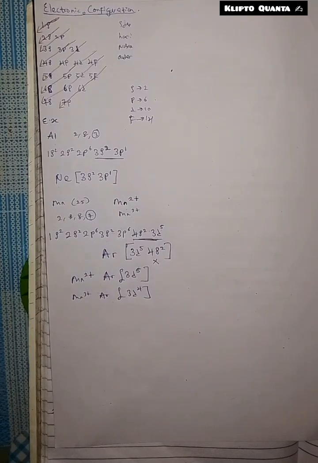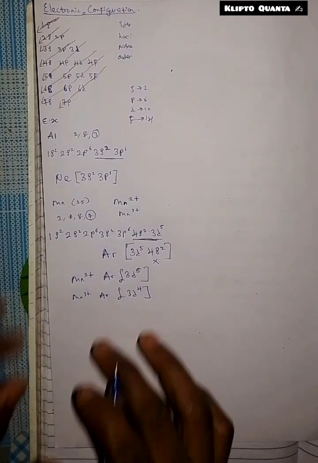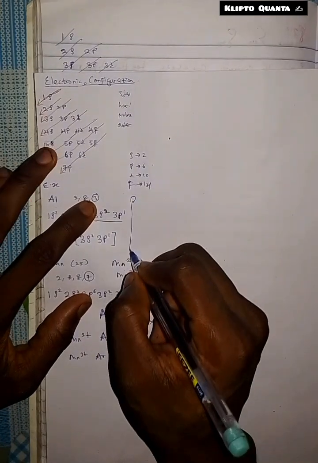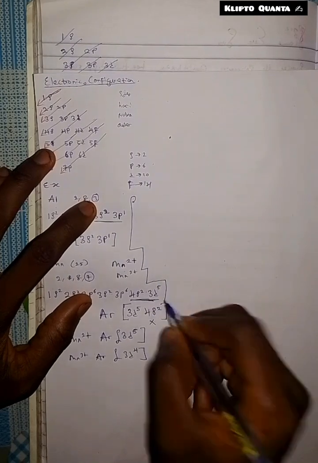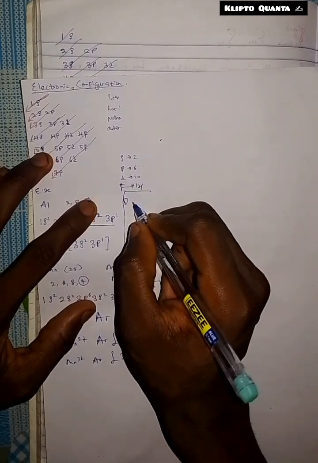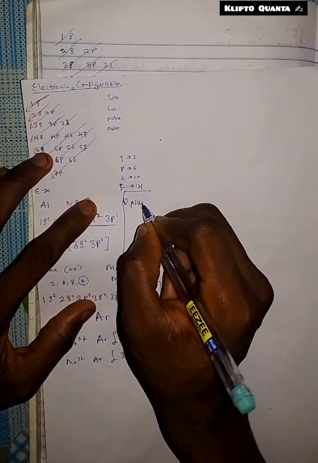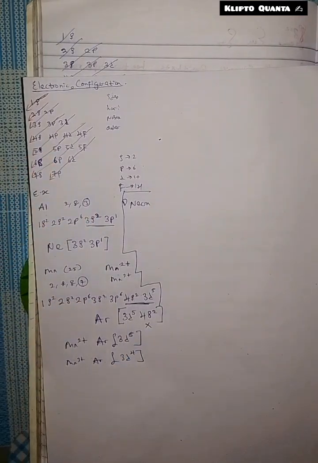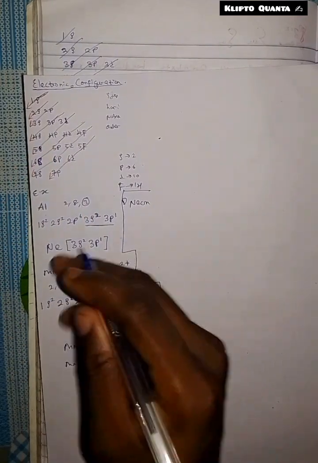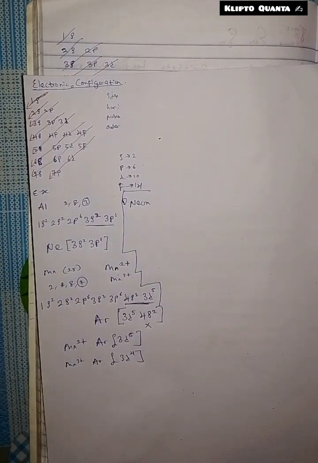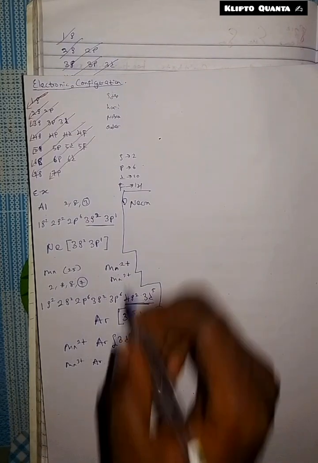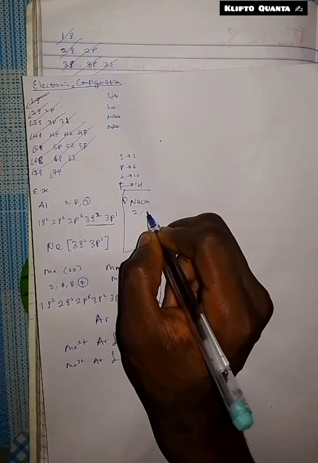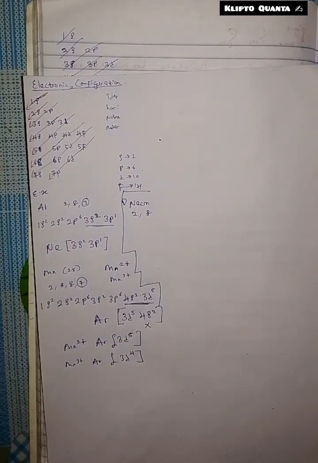Now let's assume, okay, what if we have the noble gases themselves? Let's assume you have neon, and you know neon is 10, right? Which means it does not have a problem with the outermost shell. Yes, but we need to give it a problem as well. So you have 10, you have 2, and you have 8, right?